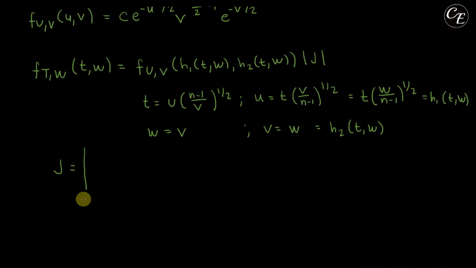So we have here absolute value of the partial derivative of h1 with respect to T, partial derivative of h1 with respect to W, and then we have here partial derivative of h2 with respect to T, and then partial derivative of h2 with respect to W.